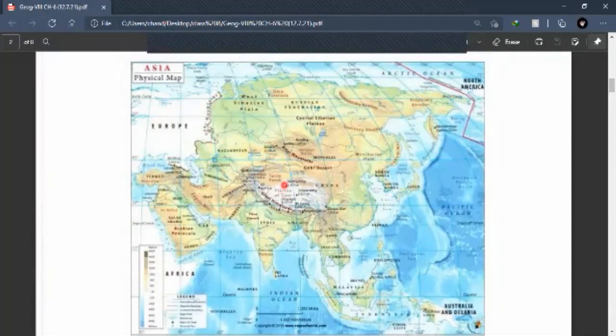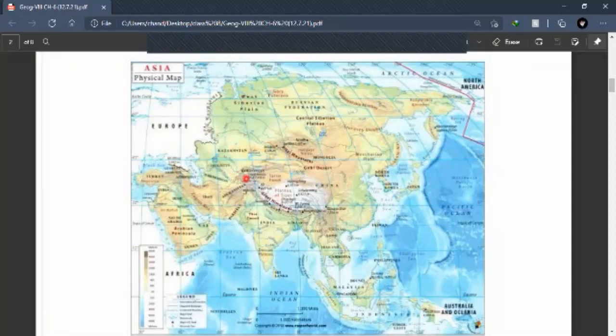These two rivers flow into the Aral Sea, making this area an area of inland drainage. When rivers do not reach an ocean or sea, but empty into a lake or an inland sea, that is termed as inland drainage. So here we have an example of inland drainage in Asia.